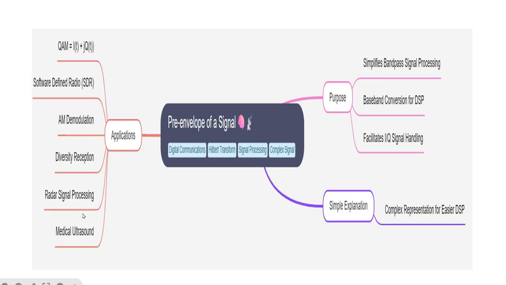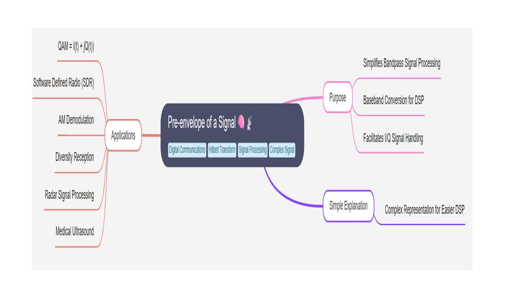Then we have the radar signal processing, which is used to extract the phase and amplitude information of the received echoes. Then we have medical ultrasound, that is the medical imaging, where RF echo signals are converted into baseband complex signals using the pre-envelope for envelope detection and the Doppler analysis.